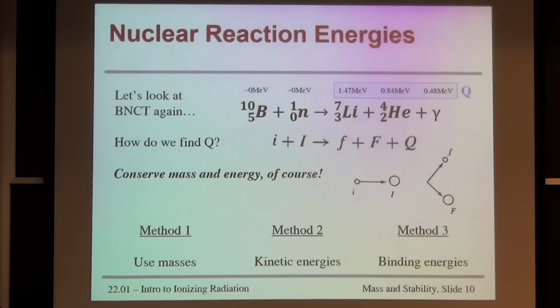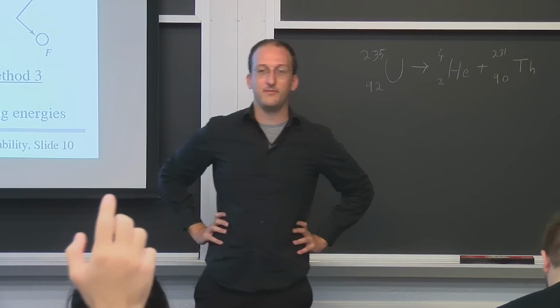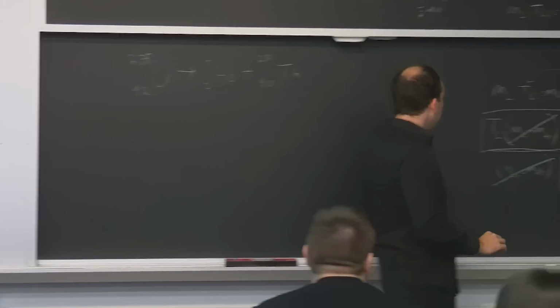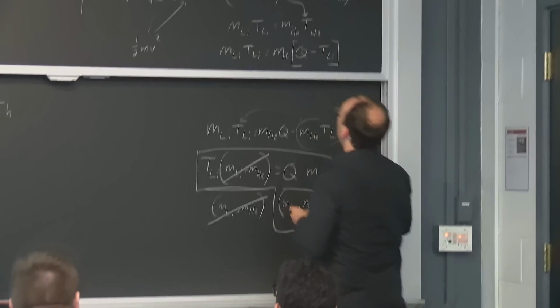Okay. Is everyone clear on how to calculate Q values from nuclear reactions using either kinetic energies, which you won't typically know, or masses or binding energies, which you can look up directly from the table of nuclides? Yeah? So what did you do down there in the bottom right corner of the top board? Of this one? Yeah. Yep.